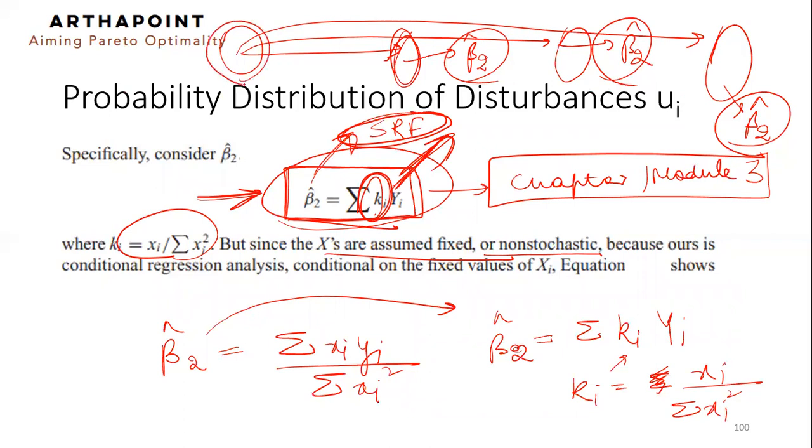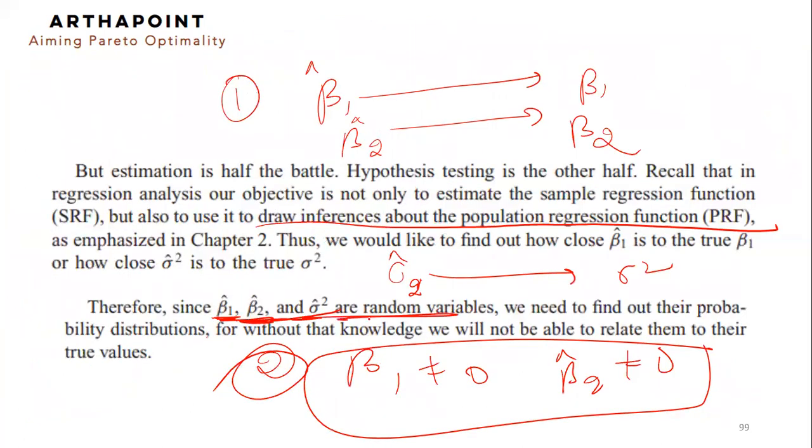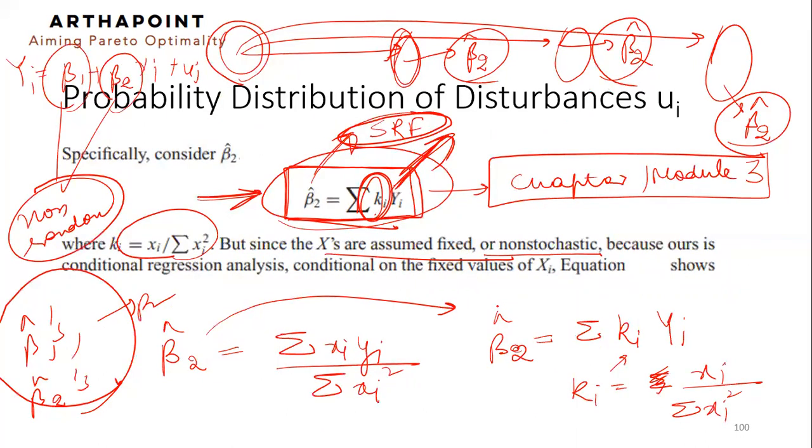But when I take population as a whole, it just has one beta 2 and one beta 1. So the equation for the population is beta 1 plus beta 2 xi plus ui, where these beta 1s and beta 2s are non-random or fixed. But beta 1 hats and beta 2 hats, they have a probability distribution associated with them, or they are the ones which are random variables, which are random in nature.